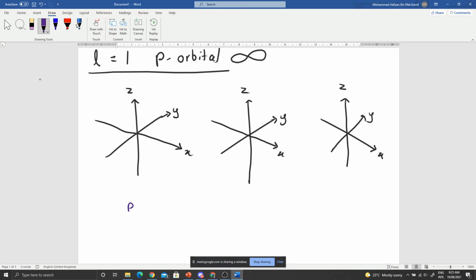So we have, doesn't matter, tak kisah you nak buat yang mana satu, but you have to draw all lah. So we have px and then py and then pz.